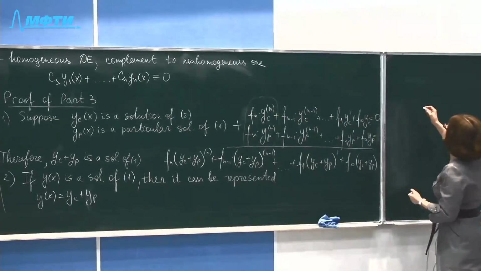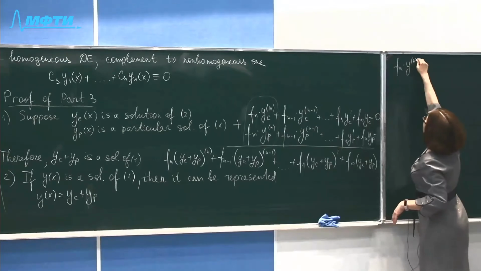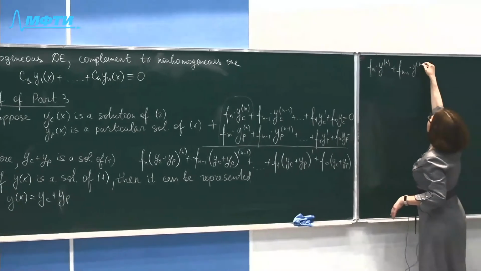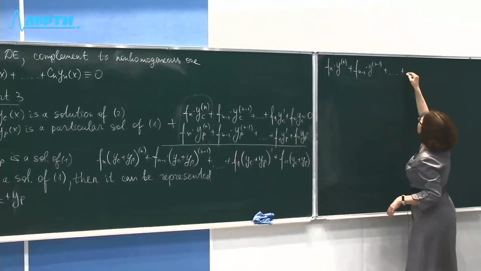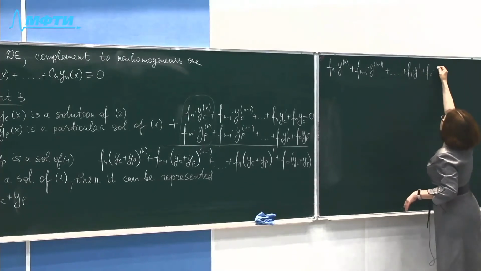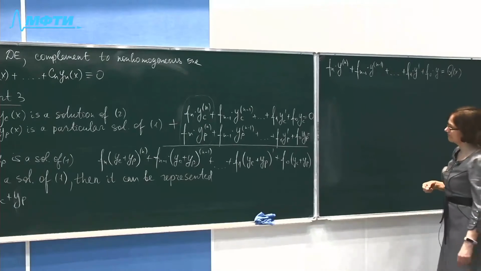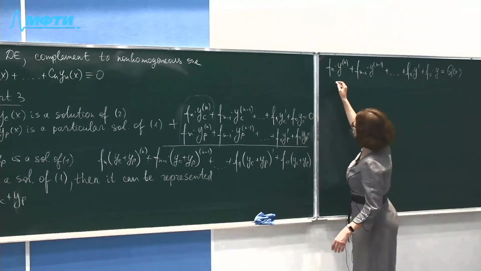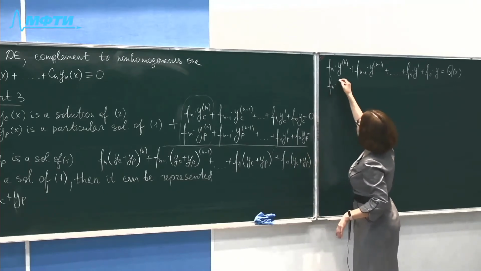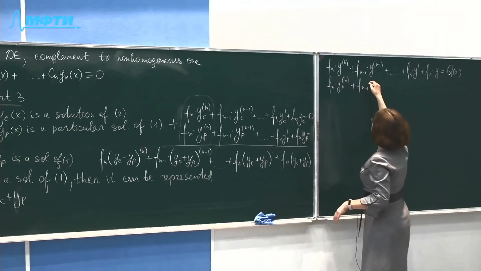Since y of x is a solution, then it satisfies the following equation: f1 times y prime plus f0 times y equals q of x. And we are given y particular. So we know that this is also true for the particular solution.